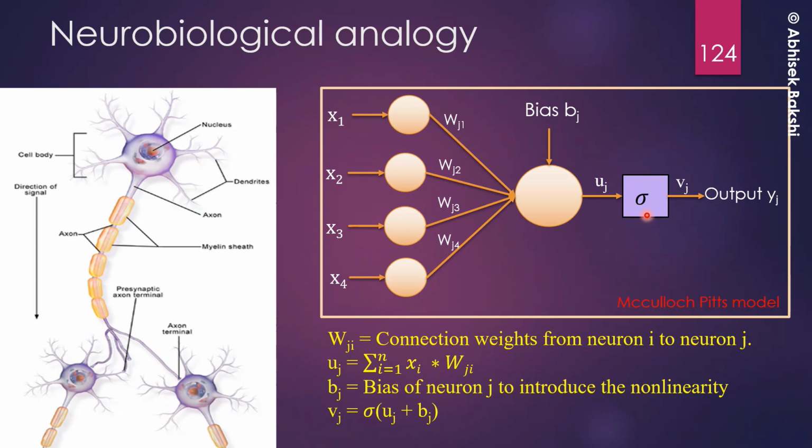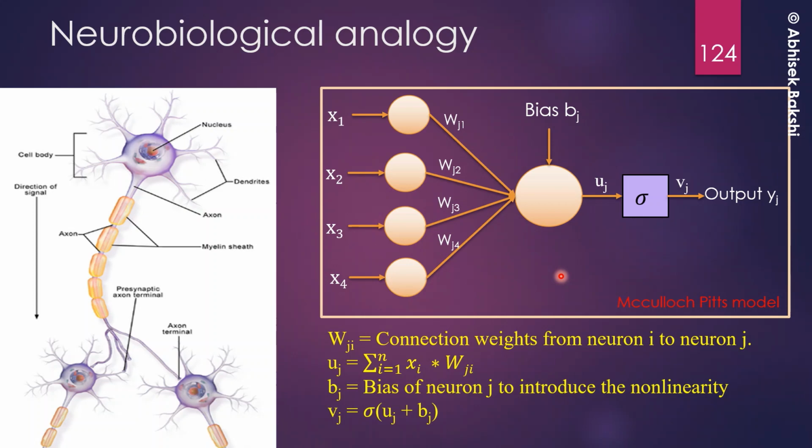I hope you can recall, this is the symbol of the sigmoid function, right? Just for timing, I have used the sigmoid symbol here. That means the output of this particular summer unit will go through the sigmoid function and it will give some output. If it is the sigmoid function, I hope you can recall the output will vary between 0 and 1, right?